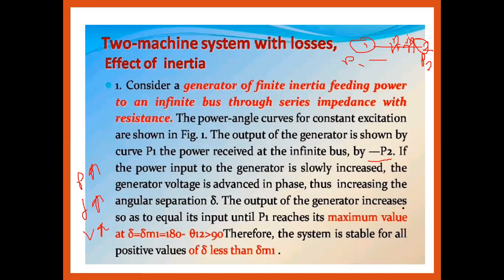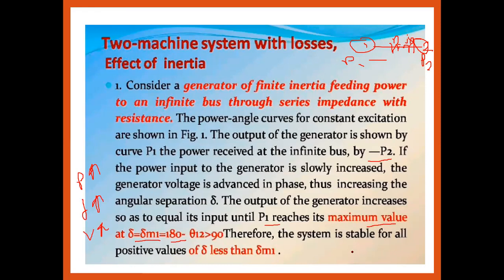Thus the output of the generator increases to equal the input until P1 reaches its maximum value, where delta equals delta PM equals 180 minus theta 12, which is less than 90 degrees.